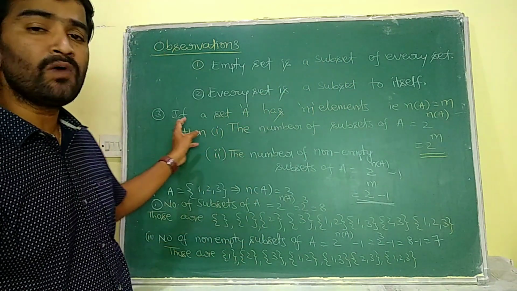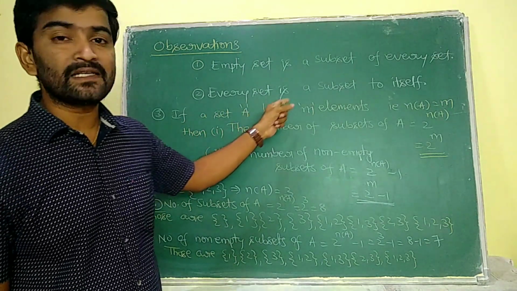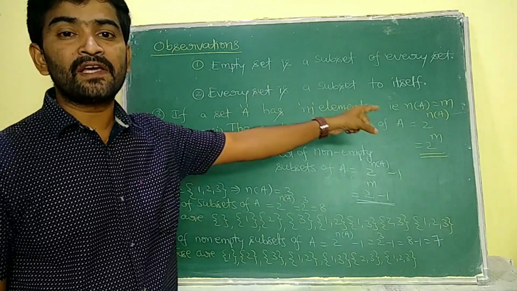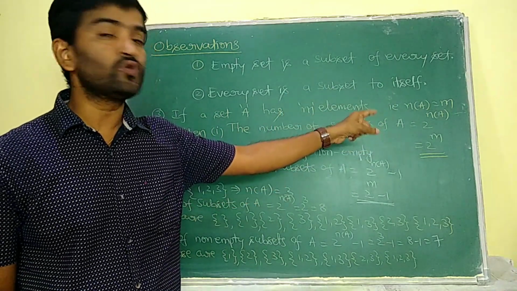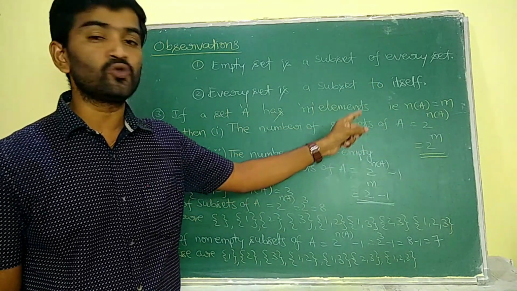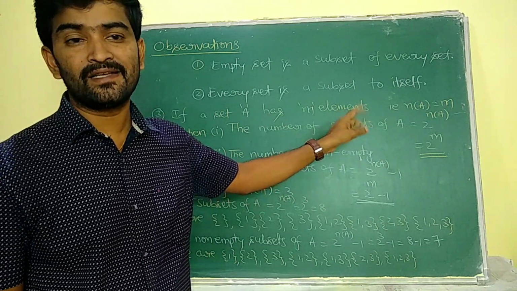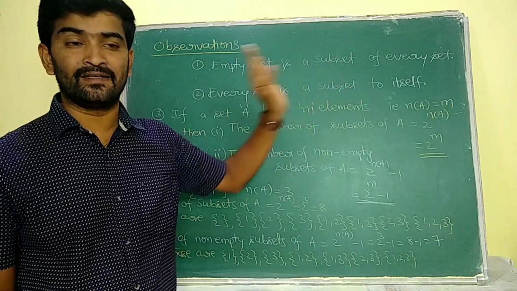Again, one more generalization we obtained. That is, if set A has m elements in it, then n(A) is equal to m. Then the number of subsets of that A is 2 power n(A), that is 2 power m. This is the most important generalization. That means the number of subsets is 2 power its cardinality.